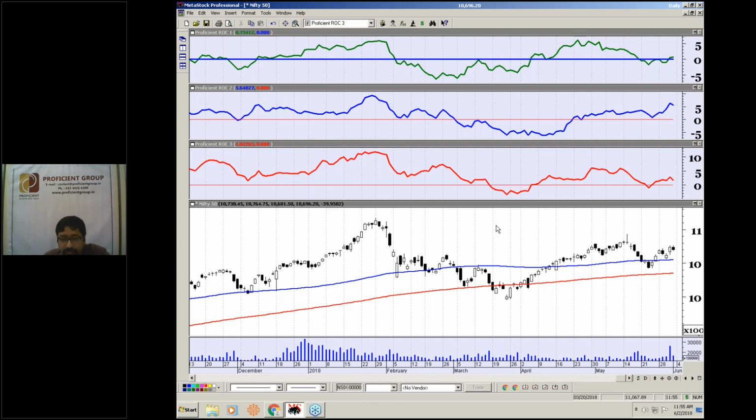That actually takes care of the primary trend, the intermediate trend, and the short-term trend. The primary trend continues to be upward as the ROC in red, which is the 100-day ROC, is in positive territory. And in fact, right now, all the trends are upward in nature.